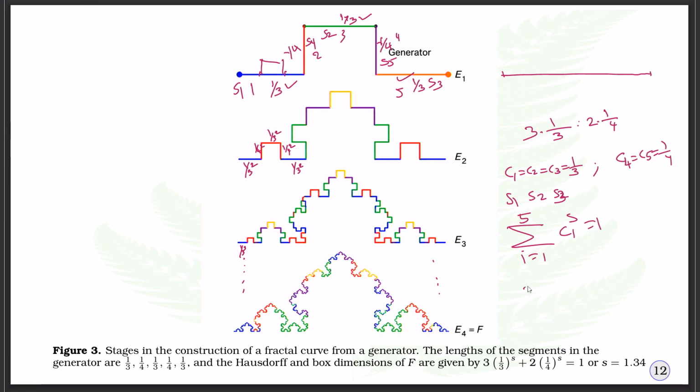That means 3 times 1 by 3 power s plus 2 times 1 by 4 power s equal to 1. If we solve this equation numerically, then one can get the answer 1.34. So, this is the Hausdorff dimension as well as the box counting dimension of the Koch curve.